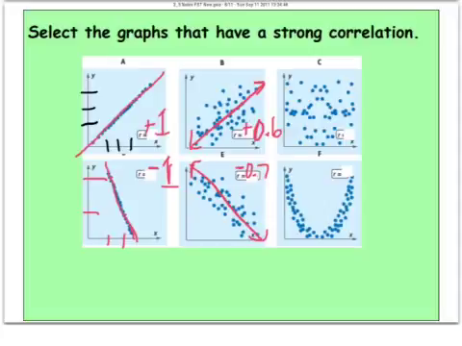Now, graph C and F, if we do a linear correlation, you know, maybe for C I would draw a line here, maybe I would draw the line there, maybe I draw it here. It's really somewhat unclear. This has very bad linear correlation. If it has very poor linear correlation, it's going to be very close to 0. And that's what I'm going to say that one is. Now, letter F you have to be careful about.